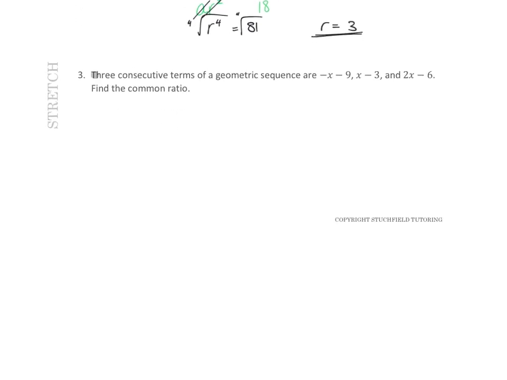Question 3. 3 consecutive terms of a geometric sequence are this, this, and this. Find the common ratio. Now, we had a similar type of question in arithmetic sequences where we had terms in terms of an unknown. But what we want to look at here is, rather than there being a common difference, there's a common ratio.